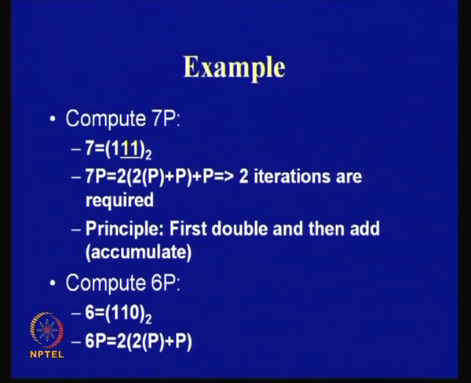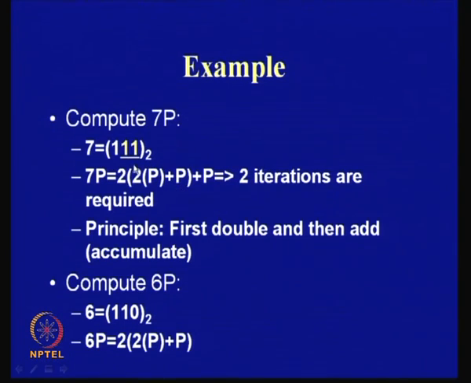So you can consider an example. If I want to compute 7 into p, I will encode 7 as 1 1 1. Note that this is the first time when you have got a 1. When you are encoding from MSB, this is the first one that you are considering. If it is a 1, then you have to do not only a 2 into p, but also add that with the corresponding p. That is, you have to do the doubling as well as an addition operation.